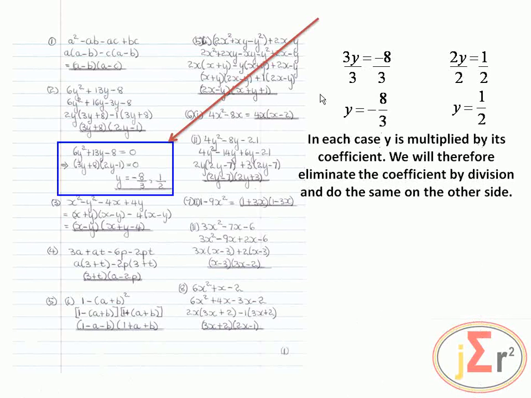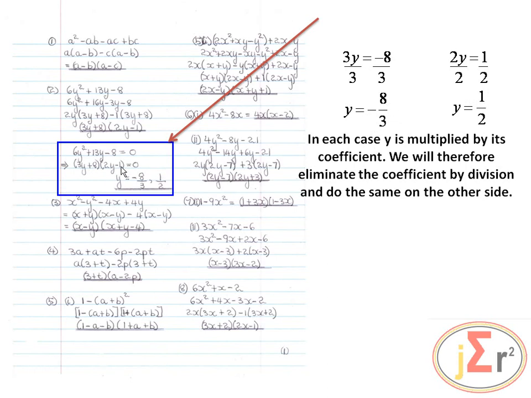And we will realize that the 3's will cancel here, and on the right hand side we have negative 8 over 3. Here the 2's are eliminated and we have a half. So y is equal to negative 8 over 3 or a half, or both, because we are sure that if, as we have right here, this one is equal to 0, then y is negative 8 over 3.